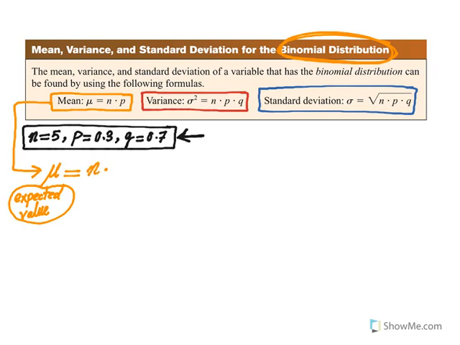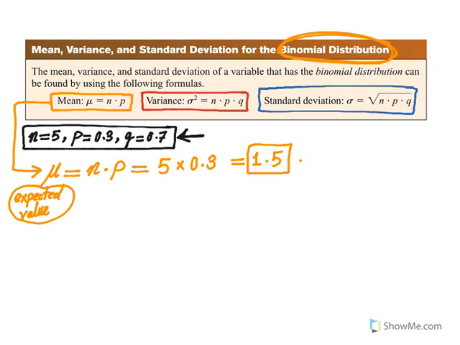It's n times p, which is, here is n and here is p. Just multiply them. So this would be 5 times 0.3, and this would give you exactly 1.5. So you can say I expect that 1.5 students who enter high school will end up dropping out. Of course, 0.5, you know that it doesn't make sense for human beings, like there is no half a human being. But this is a mathematical expectation.